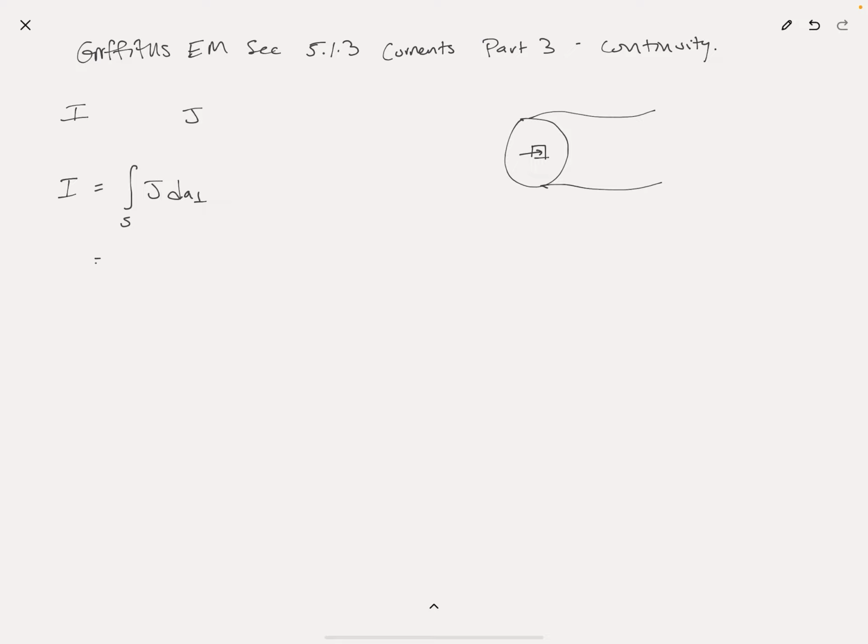I can go ahead and rewrite this as a dot product because the current is going perpendicularly through the surface. So that is J dotted with dA, and that's integrated over this entire surface.